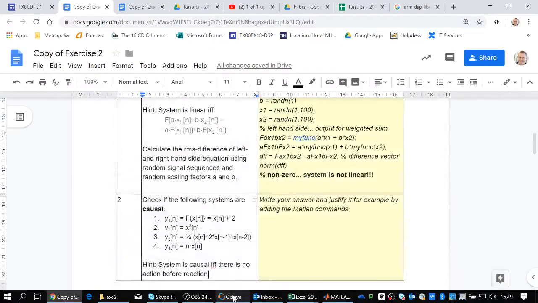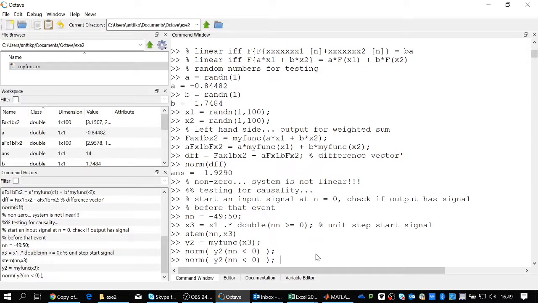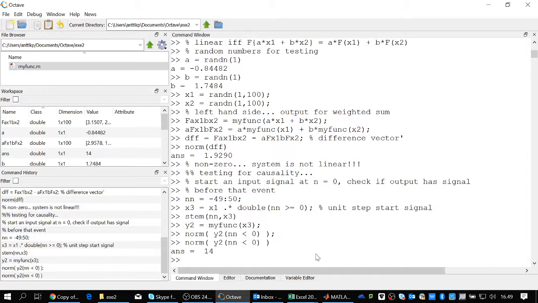Wait a minute, do I have the graphics window here somewhere? No, I don't have it anymore. Oops, wait a minute, this is not correct. Why did it give me that? It's supposed to give me 0.